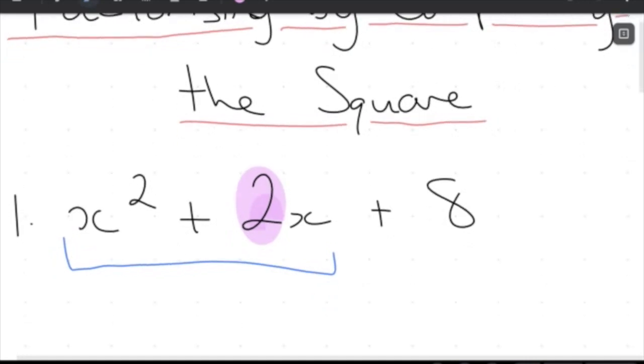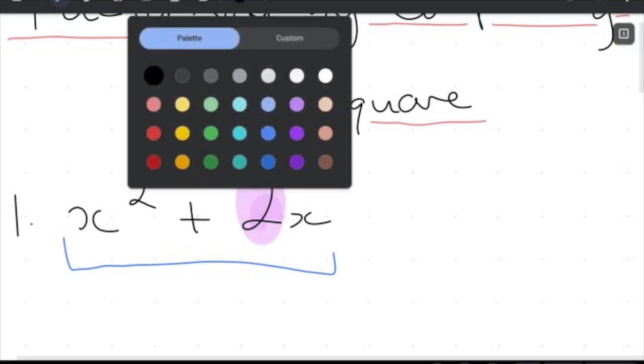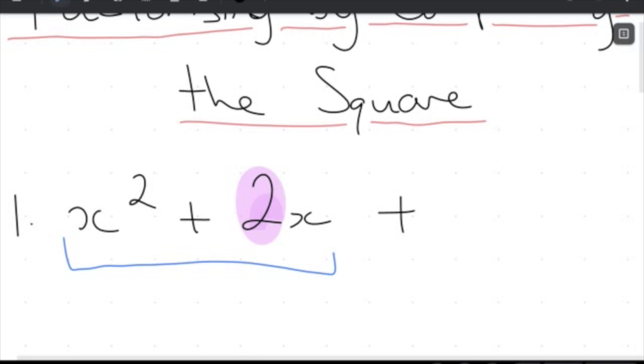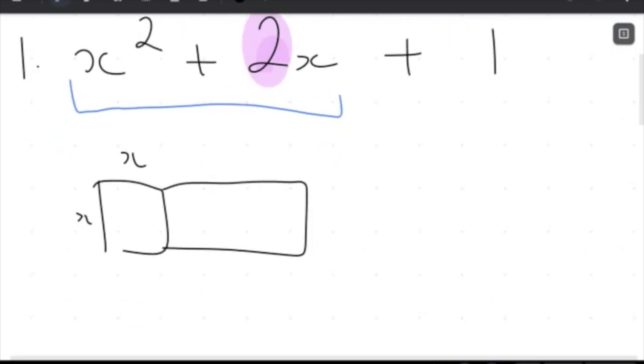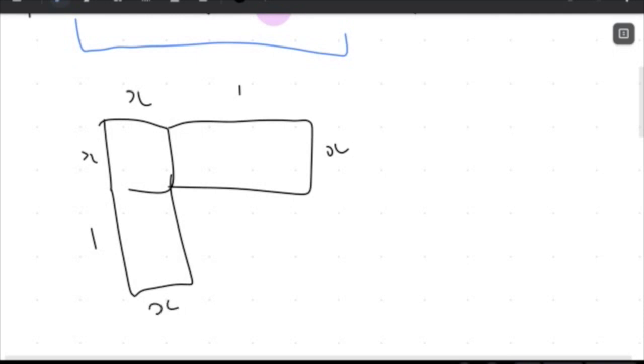Because, for example, in the previous video, we would do something like this. We would just take this and we'd add 1 to it, because this was the idea of getting my x squared and slicing my 2x in half. So I would get x by 1, 1 by x here. And then we just looked at what was this extra box.